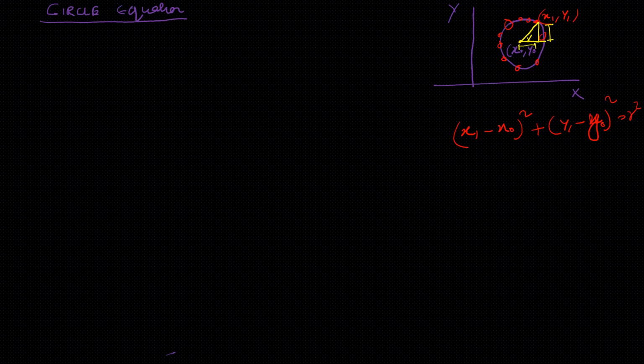This distance is nothing but x1 minus x naught, and this distance is y1 minus y naught, whole square and then a root over, which should be equal to r. If I square both sides, then the square root will vanish and we will get this equation. We all know this from class 10.